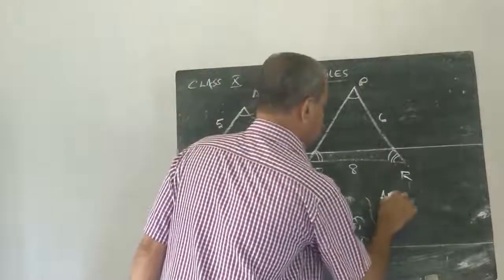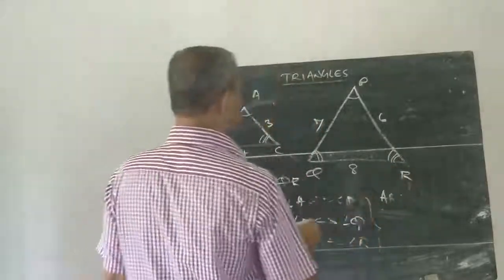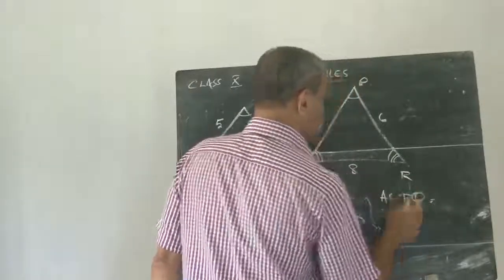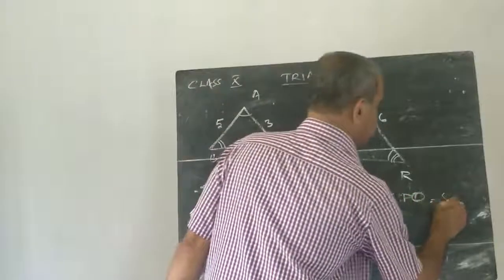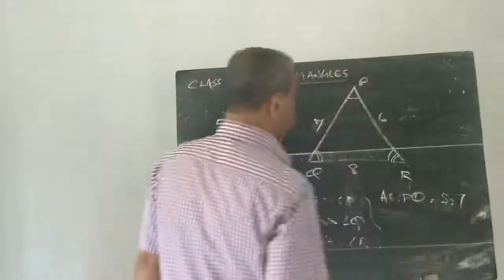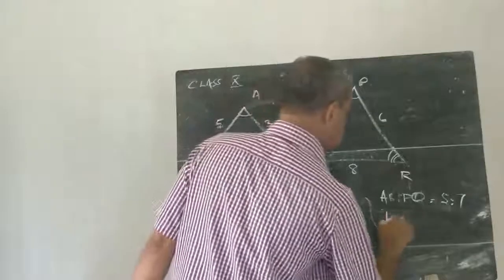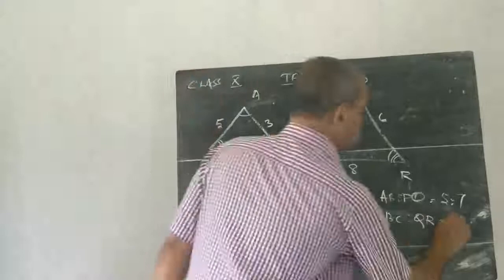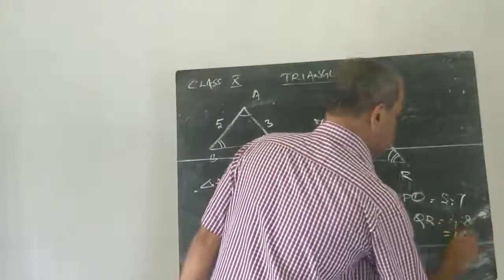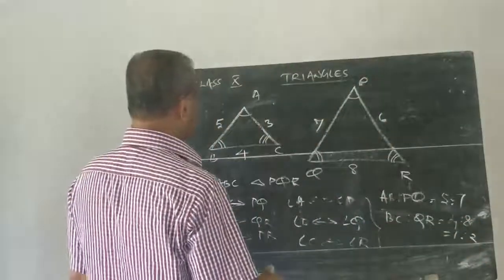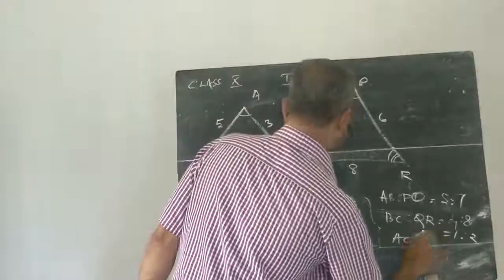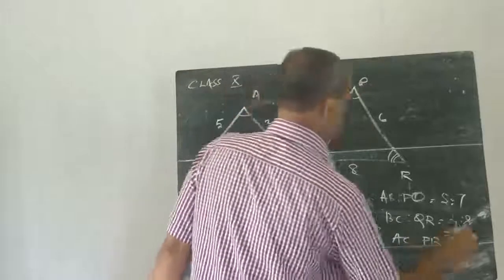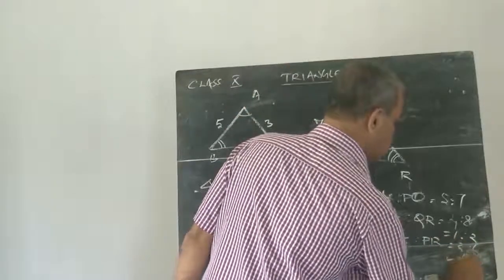AB is to PQ, 5 is to 7. BC is to QR, 4 is to 8, equal to 1 is to 2. AC is to PR, equal to 3 is to 6, 1 is to 2.